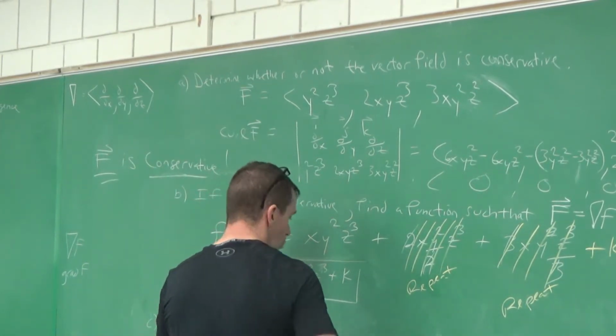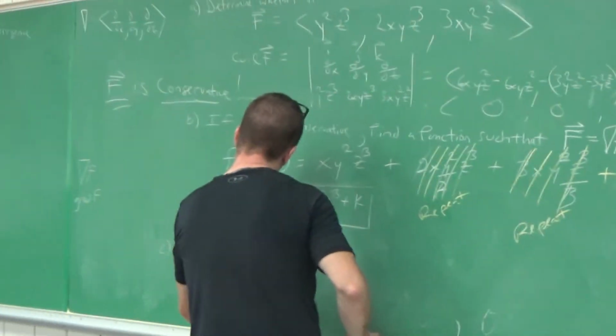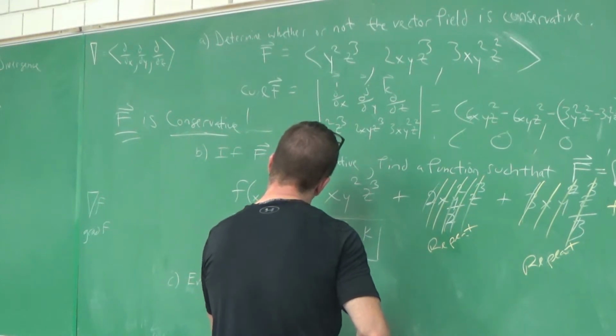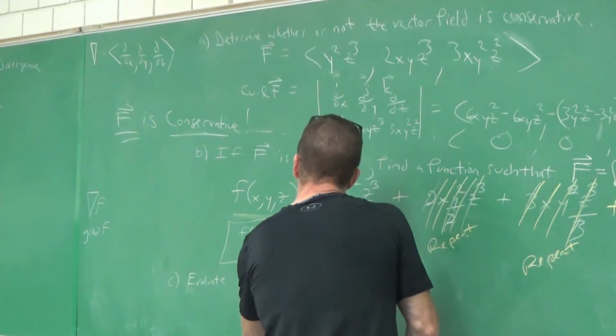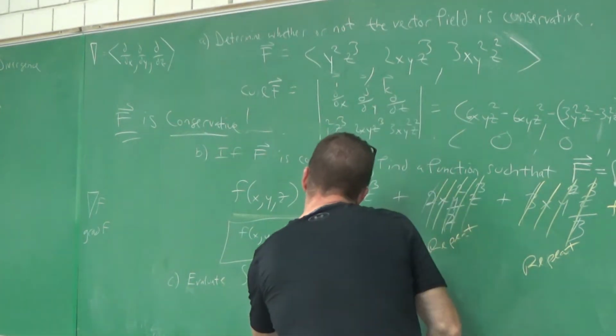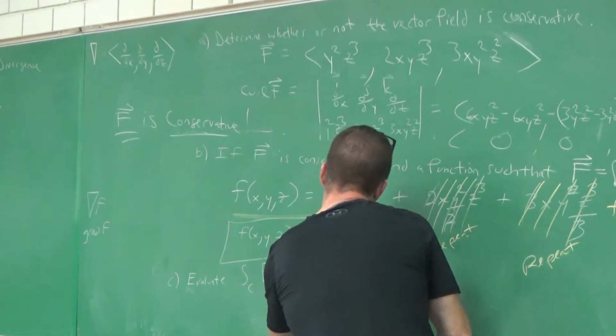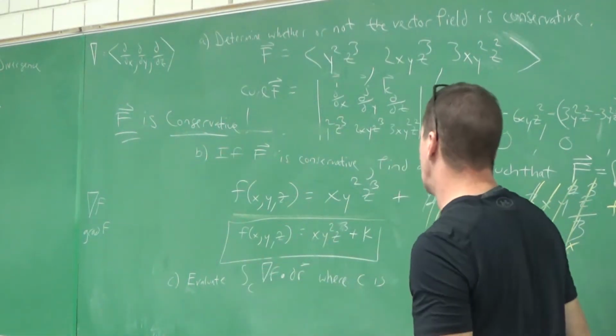Del f, I can now write del f dot dr for this vector field, okay? Where C is, I'm going to choose some kind of path. How about a line segment?